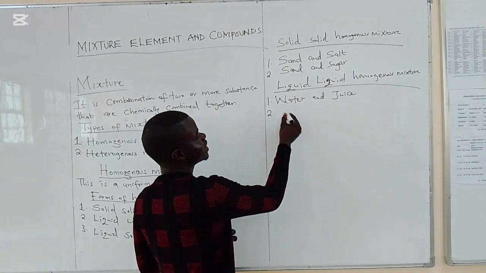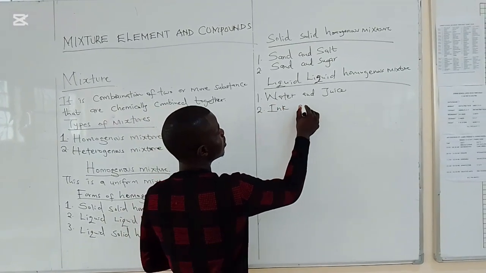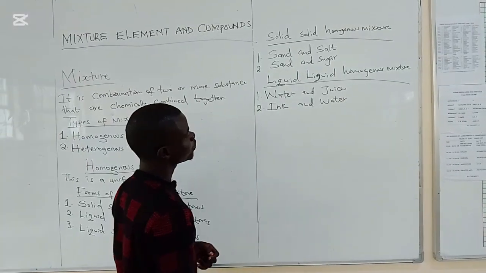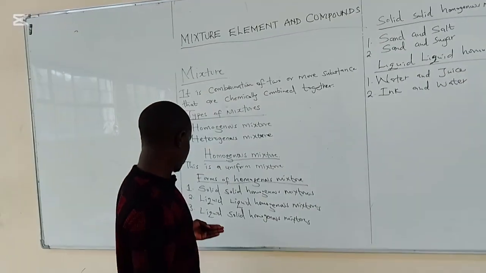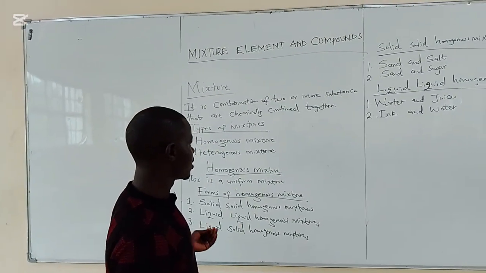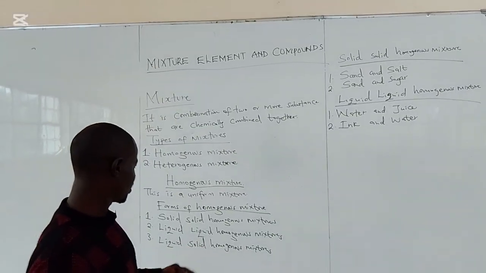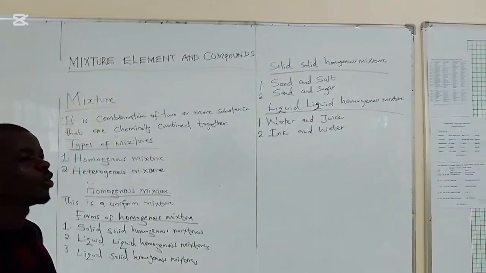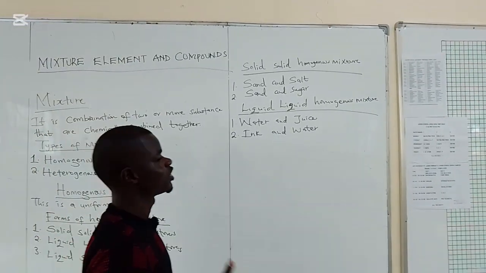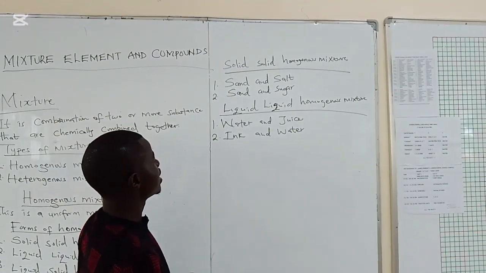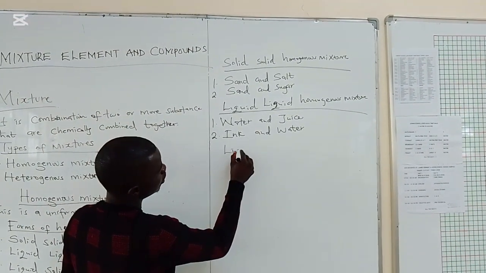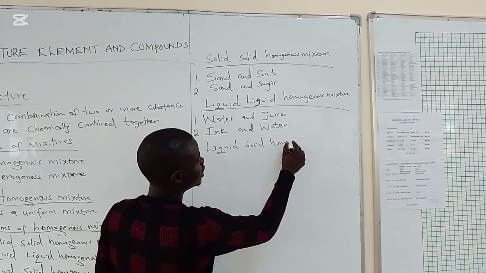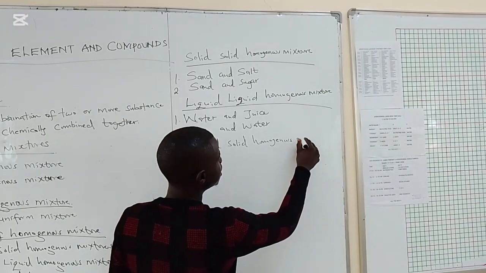Another one, we can take ink and water and so on. So that is the liquid. Come to liquid solid homogeneous mixture. Let's talk about now the liquid solid homogeneous mixture.